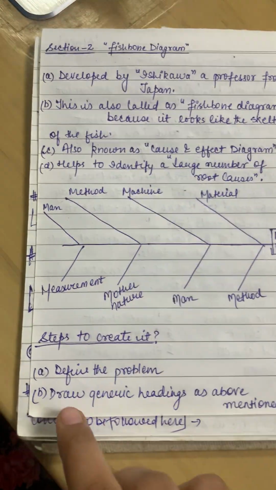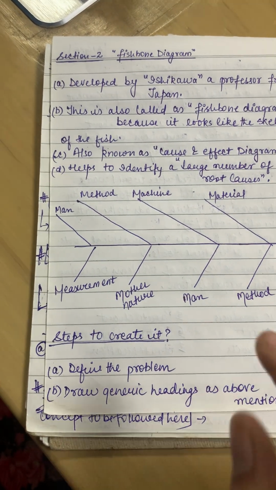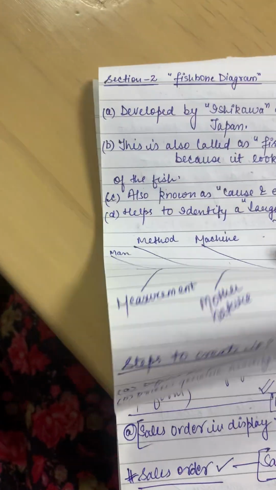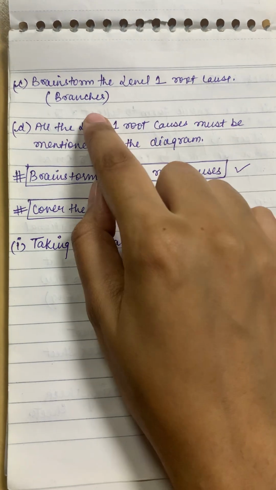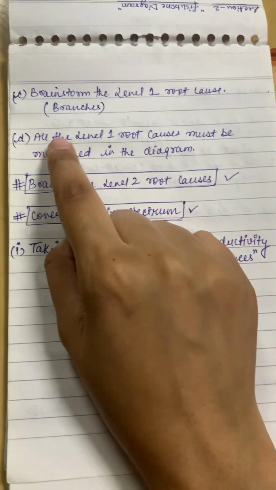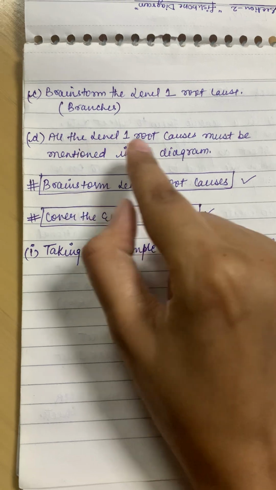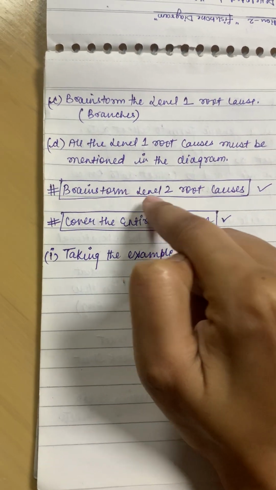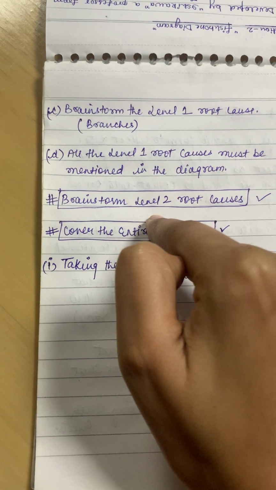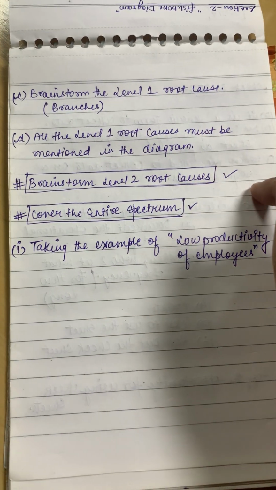This is what we do when we define the problem and draw the general headings as mentioned above. On the other side, we brainstorm the level 1 root causes, which are the branches. All the level 1 root causes must be mentioned in the diagram, right? Then we brainstorm level 2 root causes: why that happened, what was the reason for that particularly.